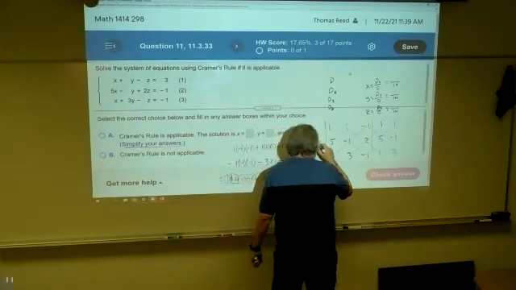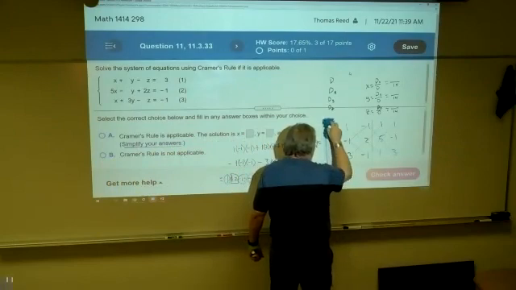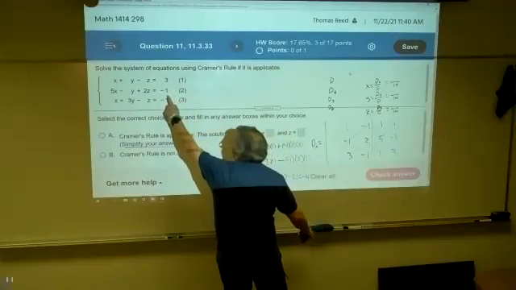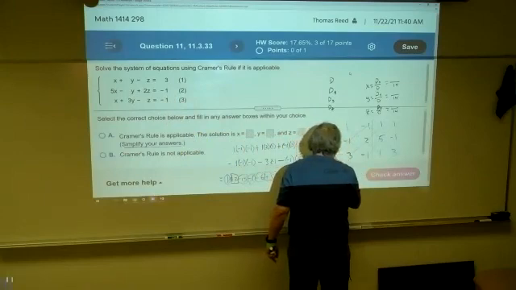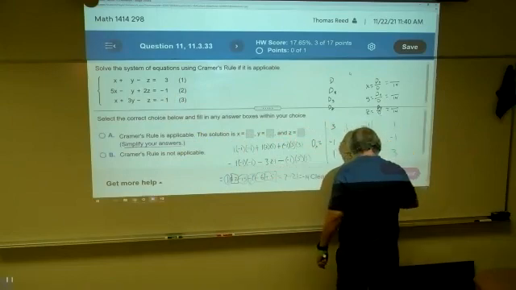So now to find d sub x, I'm going to get rid of this column, and I'm going to replace it with the 3, -1, and -1. So that means I need to replace this column with those same numbers as well.